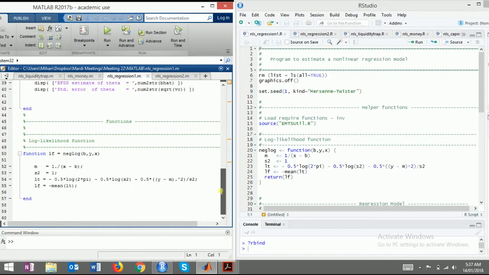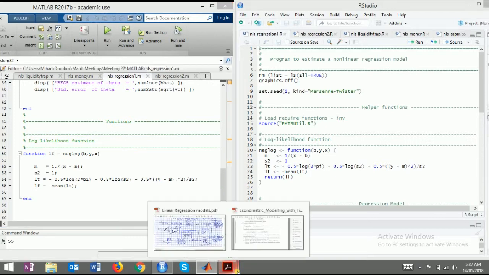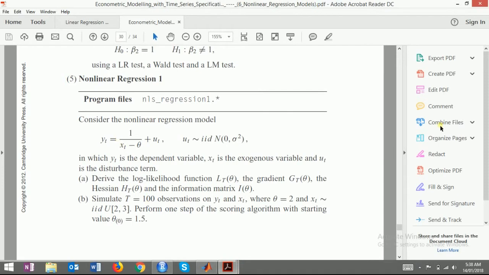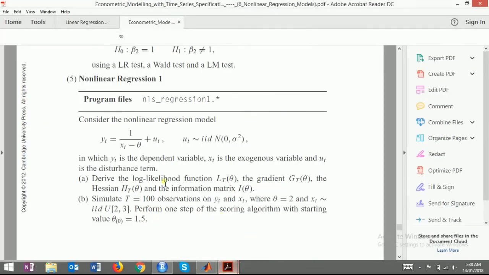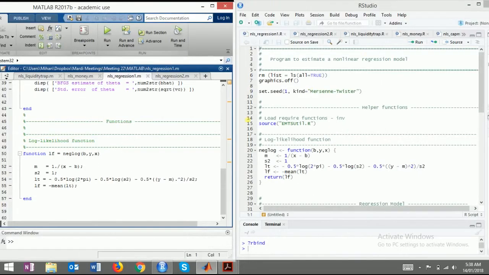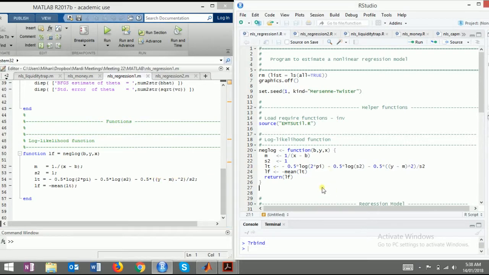Yes, there's just one log likelihood function, because in our problem we have m(b, y, x) equals 1 divided by x minus b, where b represents theta.